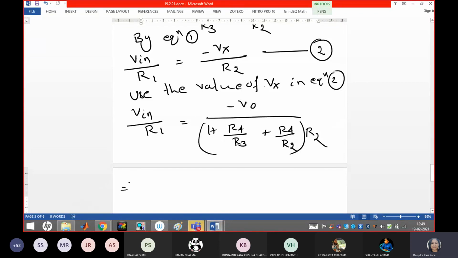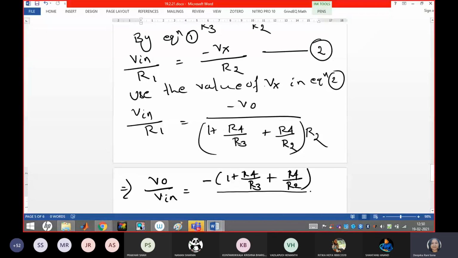If you solve V0 by Vin, this will become minus of 1 plus R4 by R3 plus R4 by R2 whole divided by R1, and here R2 term is already there.